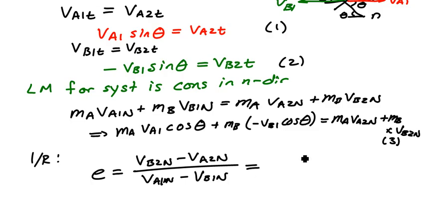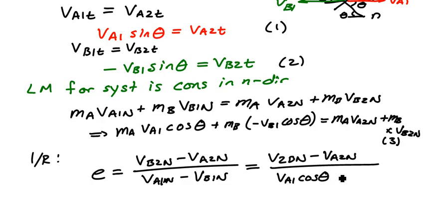If I do some substitution here, VB2 in the n is simply going to stay the same. That's a quantity we can work to find. VA2 in the n is an unknown quantity I'll work to find. VA1 in the n, we've already said is VA1 times the cosine of the angle theta. And I'm going to subtract from that VB1 in the n, which is minus VB1 times the cosine of the angle theta. This is going to give me a fourth equation.